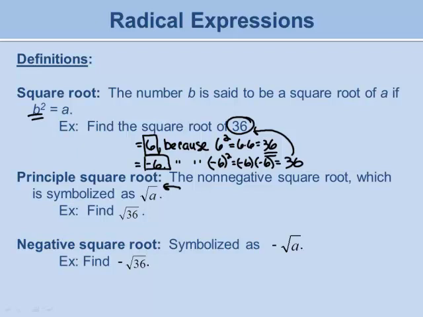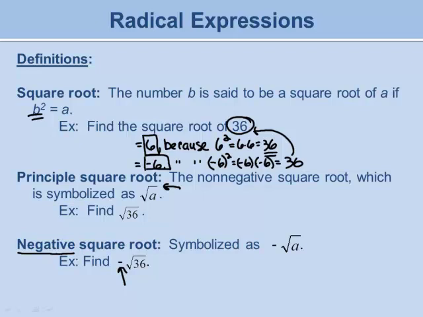So the rule is, anytime you see the square root being asked with the square root symbol, by definition, it's the positive value that you want. If you want the negative value, then a negative sign has to be put out in front of the square root symbol, and that will indicate that they want the negative possibility as opposed to the positive one.